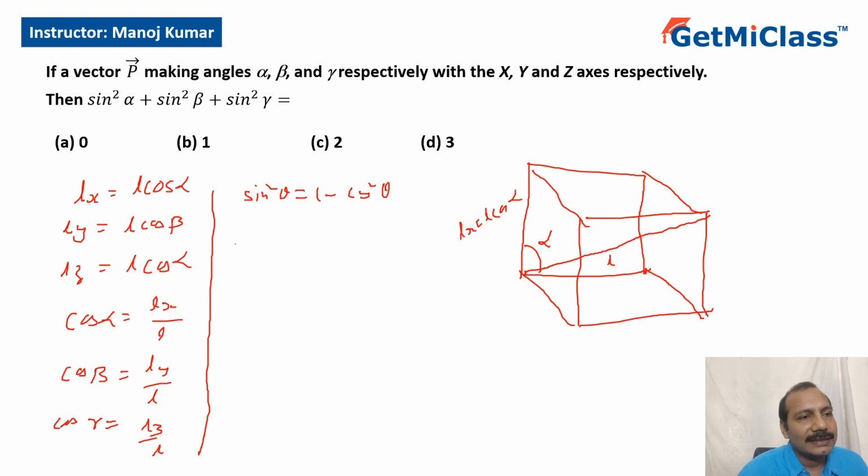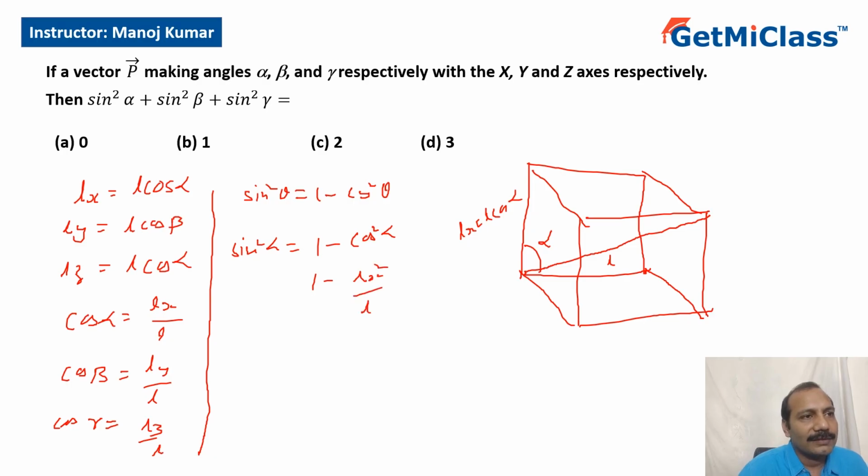So I can write sine square alpha equal to 1 minus cos square alpha. So that is equal to 1 minus cos square alpha, which is how much? Cos square alpha is Lx square by L square.